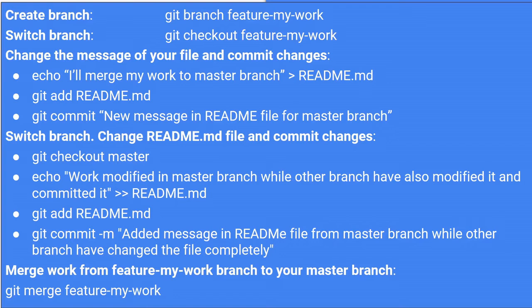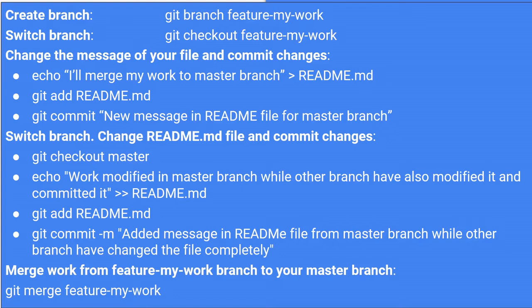So what we're going to do here, we create a branch. So git branch, let's say a branch about a feature in your project, so feature in our work. Let's say you switch to that branch, git checkout, the name of the branch, and after we're going to change the message of our file and do a commit.